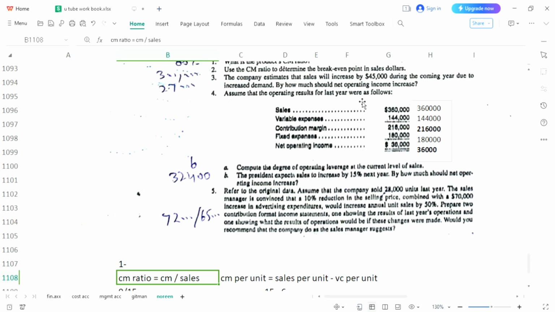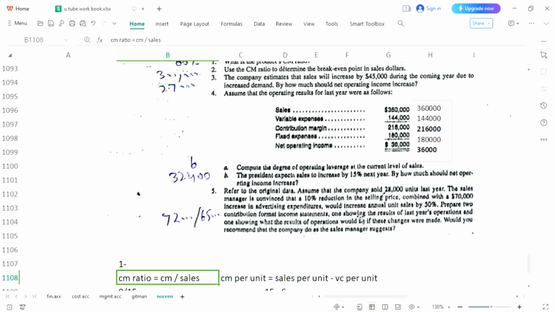So here they are mentioning that this income statement is related to 28,000 units. The sales manager is convinced that a 10% reduction in selling price combined with a 70,000 increase in advertisement expenditures would increase annual unit sales by 50%. Prepare two contribution format income statements.